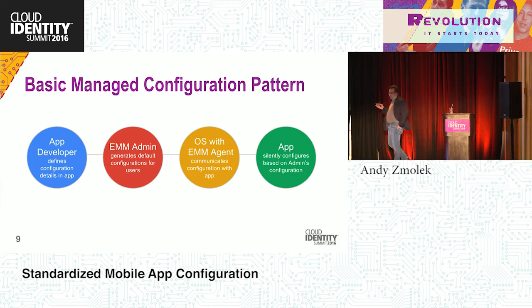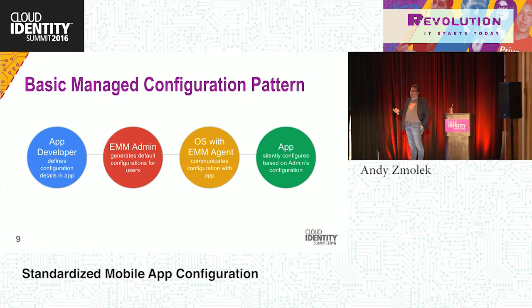The pattern is pretty straightforward. So the app developer has to define what, and think of this in terms of schema. The app developer says, here are my managed configuration schemas. These are the things that are configurable in my app.